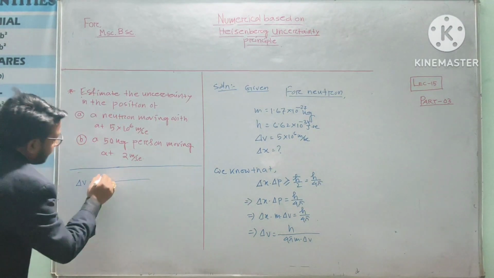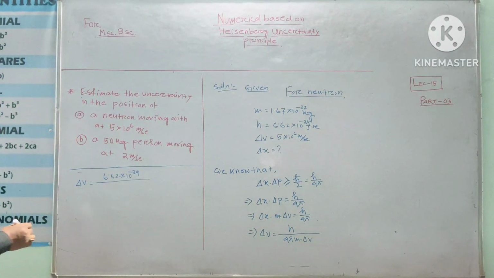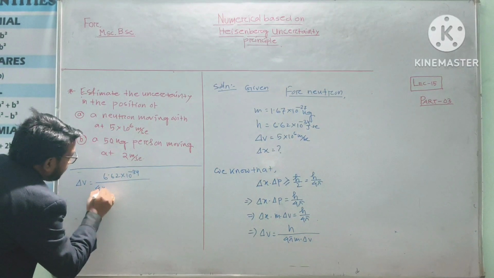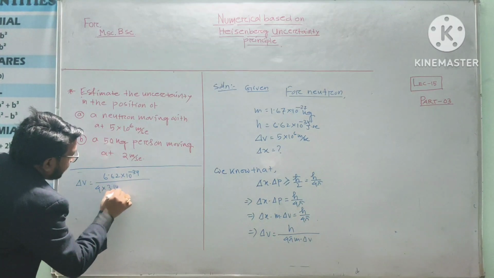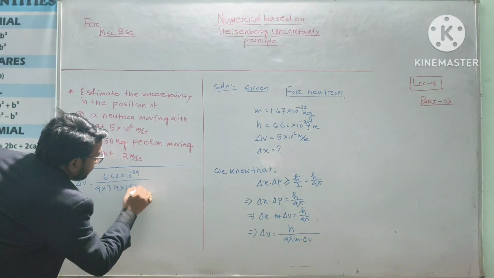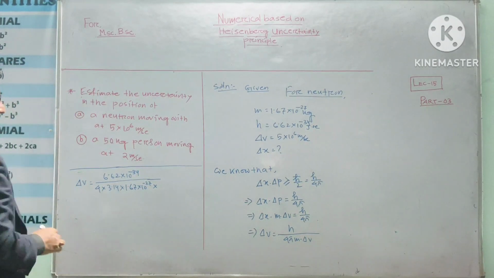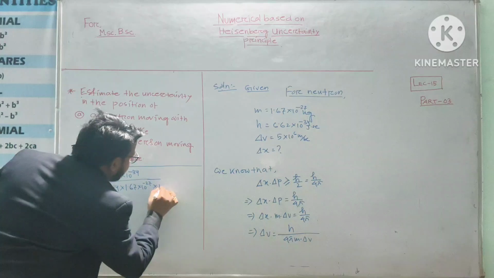the value of h equals 6.62 into 10 to the power minus 34, and 4 into the value of pi equals 3.14, and mass of neutron particle equals 1.67 into 10 to the power minus 27, into delta v, which equals 5 into 10 to the power 6.